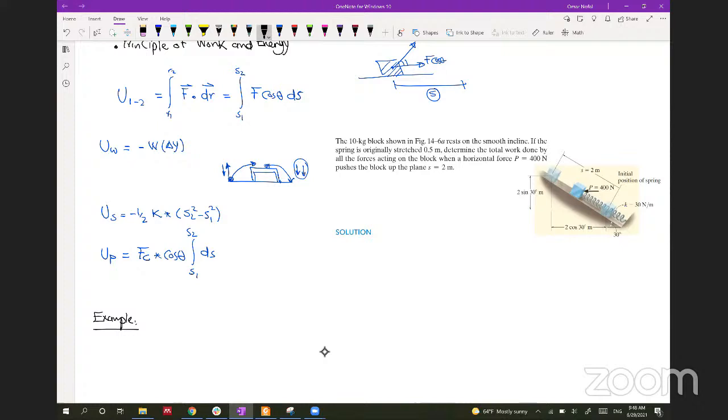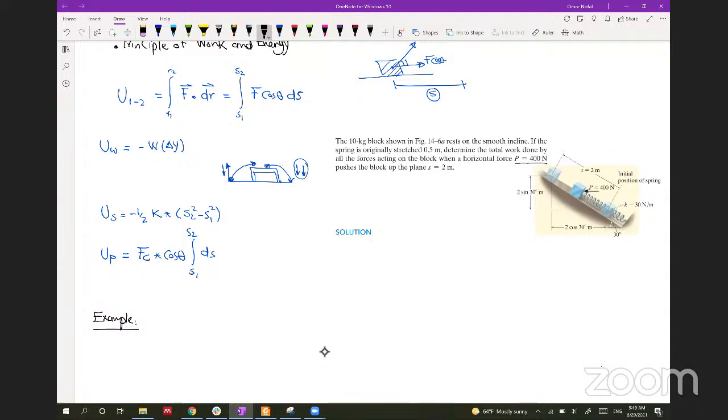Determine the total work done by all the forces acting on the block when a horizontal force P of 400 Newton, which is a constant force, pushes the block up the plane 2 meters. So this force is able to push this block and overcome the spring force and move it a distance of 2 meters.